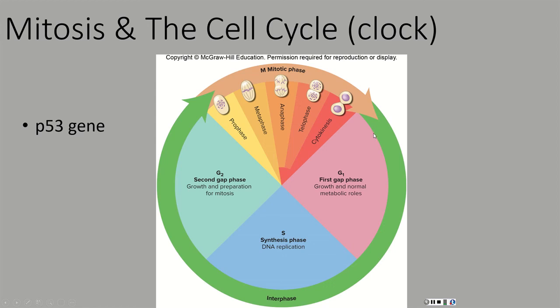And most of the time, we don't need to make more cells. As a matter of fact, the only time we need to make more cells is if there was damage and we need to replace those cells, or if we are not fully grown and we need to make more cells to get bigger. But once you have finished growing, most of the cells in your body are not going to divide that often at all.